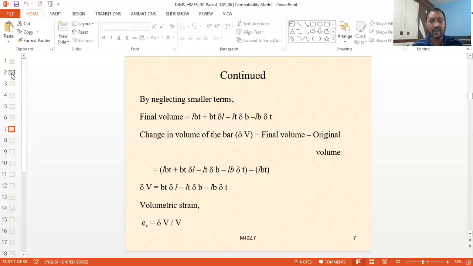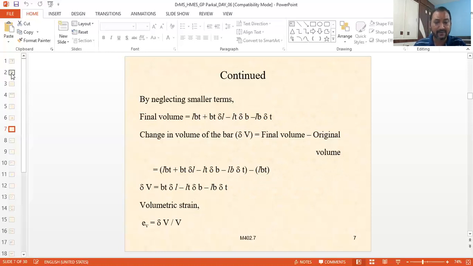If you simplify this equation, delta V, that is the change in volume, becomes BT into delta L minus LT into delta B minus LB into delta T. So we know that volumetric strain is nothing but the ratio of change in volume to original volume.